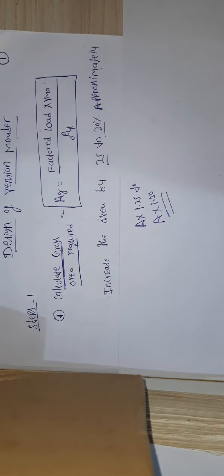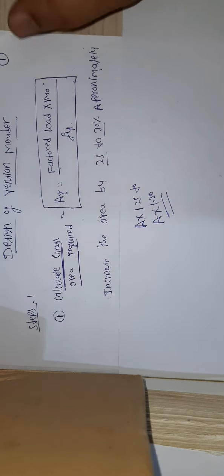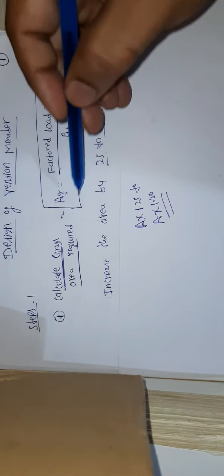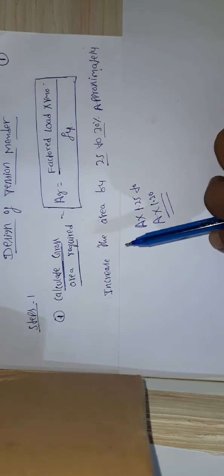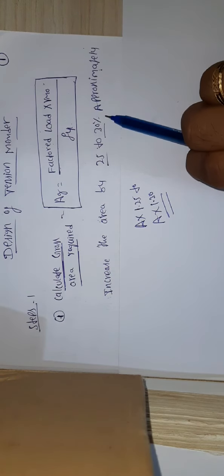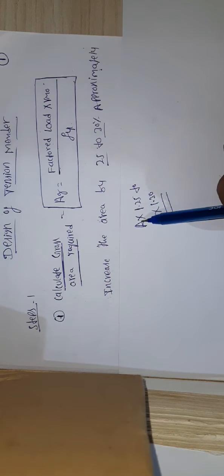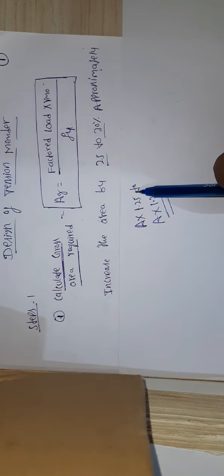Very important step. After using this formula to calculate the gross area required, the next step is to increase the area by 25 to 30% approximately, that is, multiply by 1.25 times or 1.3 times. Please remember these steps.